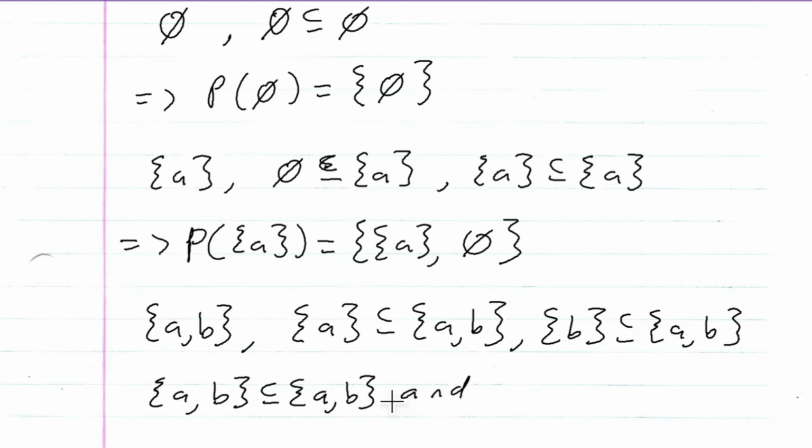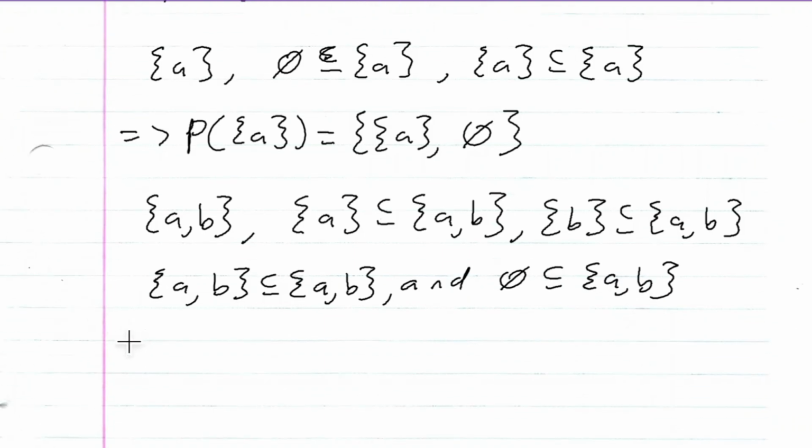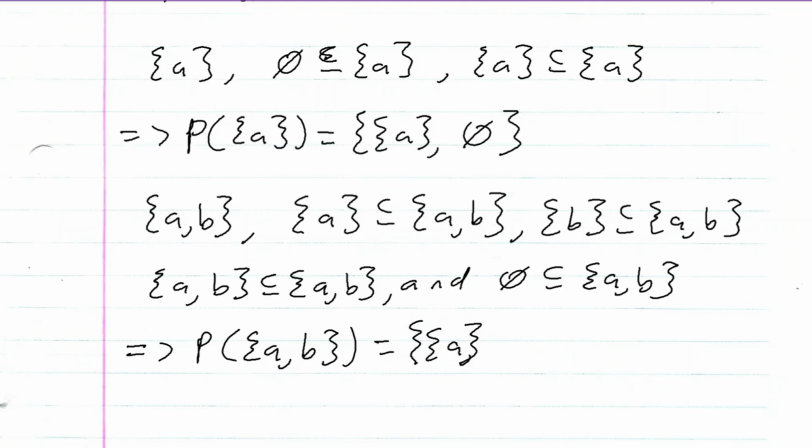And we know that the empty set is a subset of the set containing A and B. So this means that the power set of the set containing A and B is equal to the set containing A, the set containing B, the set containing A and B, and the empty set.